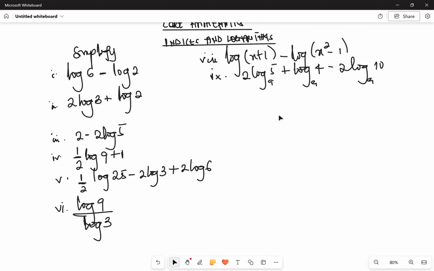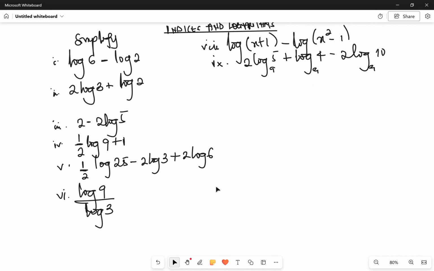All right, 2 minutes is up. So let's start with properties of logarithm. Before we can continue solving these questions, at some point it will be useful.